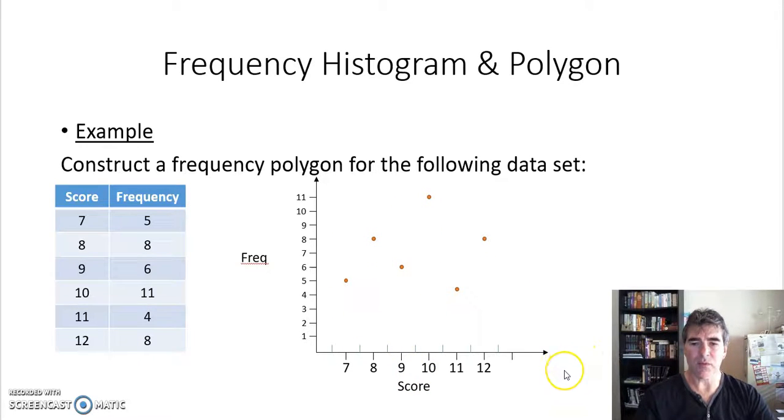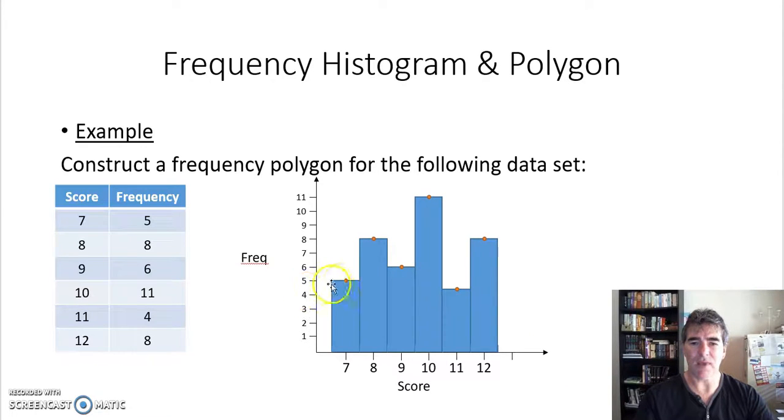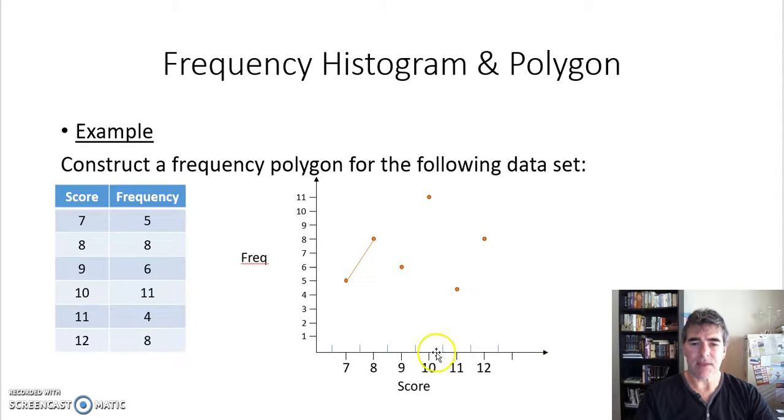If I was to put that over the top of the frequency histogram, you'll notice that they're right in the middle at the top of each of those columns. Okay? So let's get rid of that and let's start to join our dots with straight lines. We just join them up. But remember, it's a frequency polygon, and a polygon is a closed shape of many sides.